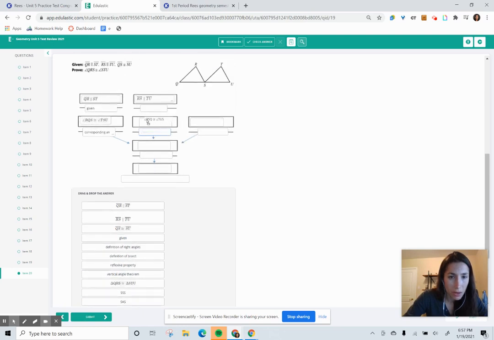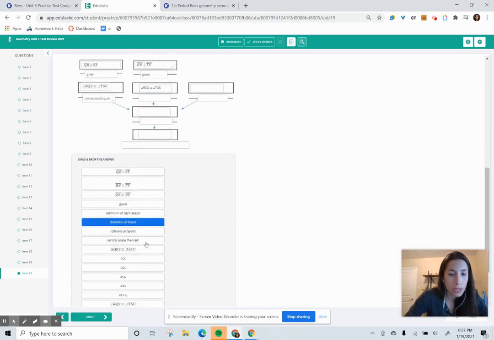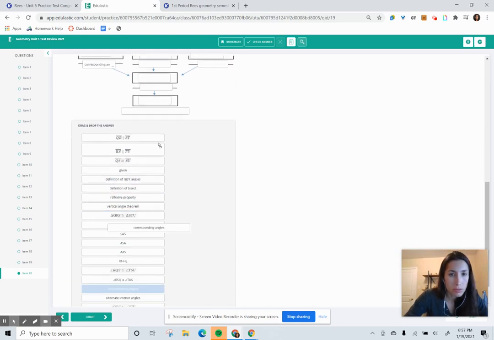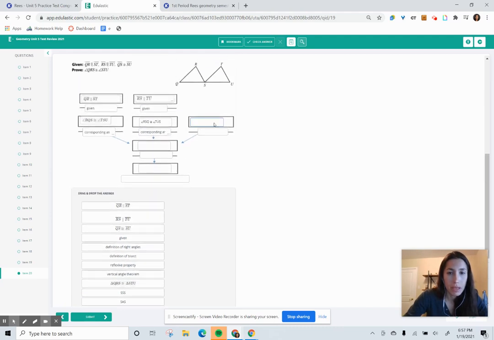We've got to move that one up. And the reasons for those should be the same. So we've got given, the parallel lines were given, and then those angles were equal because they were corresponding angles. Okay, and then the last part was this given information. QS is congruent to SU, so I can just drag that here, and that was given.